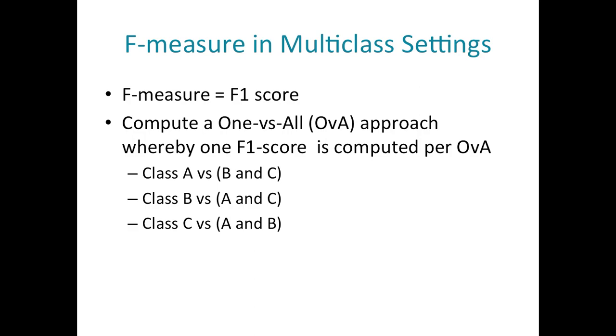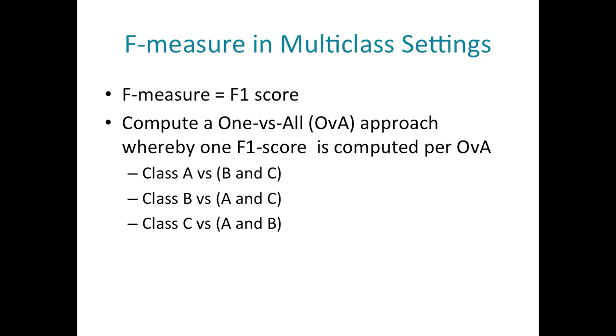For example, if we imagine a setting with 3 different classes, we would compute 3 different F1 scores: for the classifier that identifies whether a sample is of class A or not when compared to classes B and C, for a classifier that identifies whether a sample is of class B or not, being the others A or C, and for a classifier that identifies whether a sample is of class C versus being of class A and B.